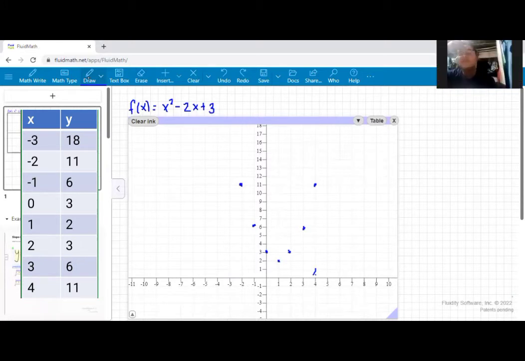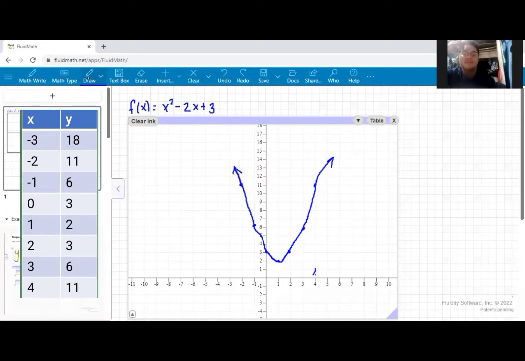Okay, after we plot these values of x and y, we connect the dots. As we can see, it is a parabolic graph.